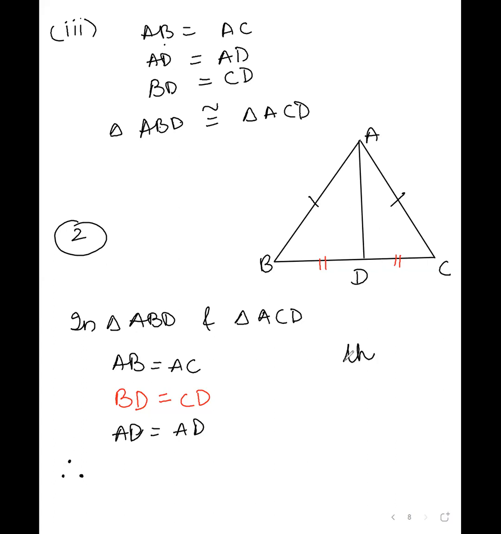Therefore means so. It means so, or you can say thus, or hence. Therefore, triangle ABD is congruent to triangle ACD. Got it? Now they're asking, is angle B equal to angle C? Why?